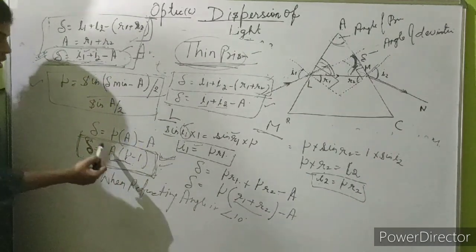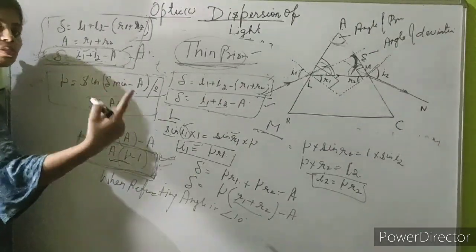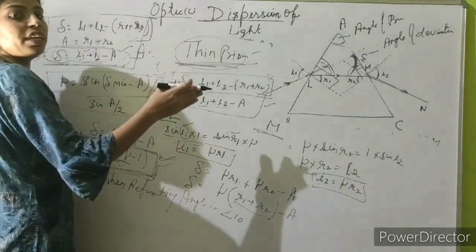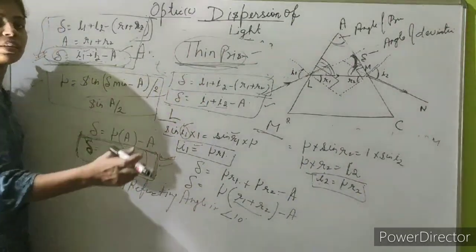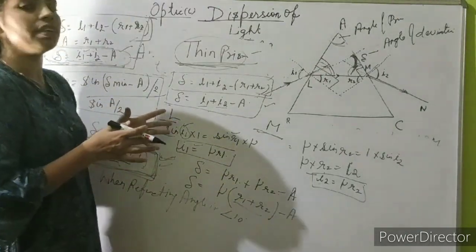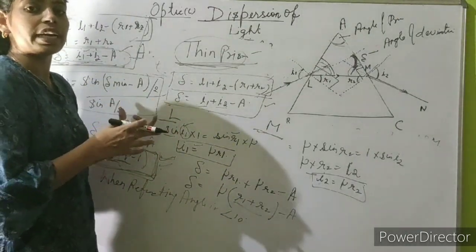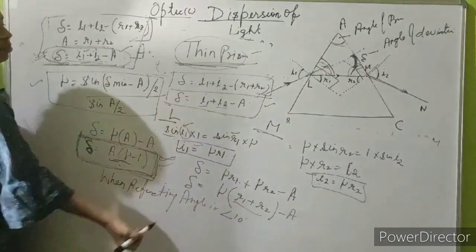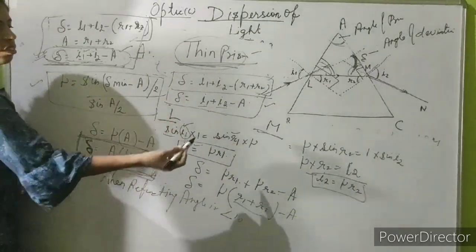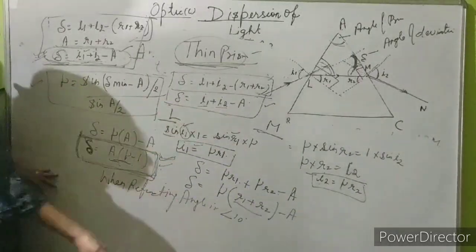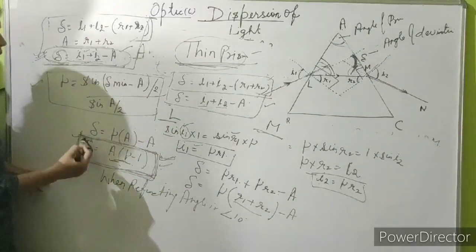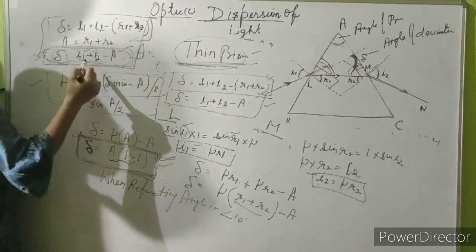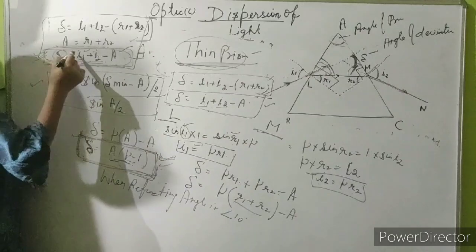A question can be asked: if the angle of incidence is a small angle, does delta depend on the angle of incidence? No. In this derivation I have taken the angle of incidence small, that's why I have replaced sine of I by simply I. So delta does not depend on the angle of incidence. But when I have not taken the angle of incidence as a small angle, delta depends on the angle of incidence.